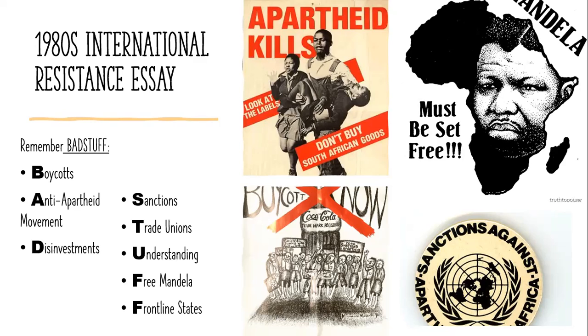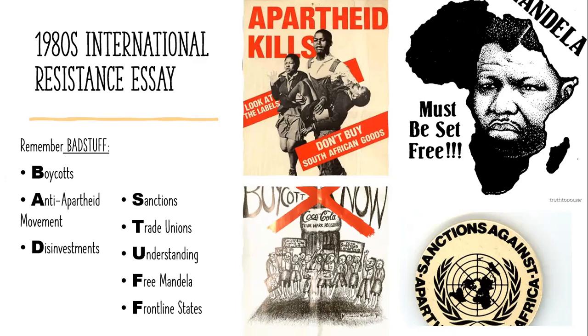So with boycotts, other countries didn't want to buy products or services from South Africa. With disinvestments, they took all of their money out of South Africa. With sanctions, they didn't allow South Africa to come to their countries, land their airplanes there, didn't want to buy their oil or their weapons.